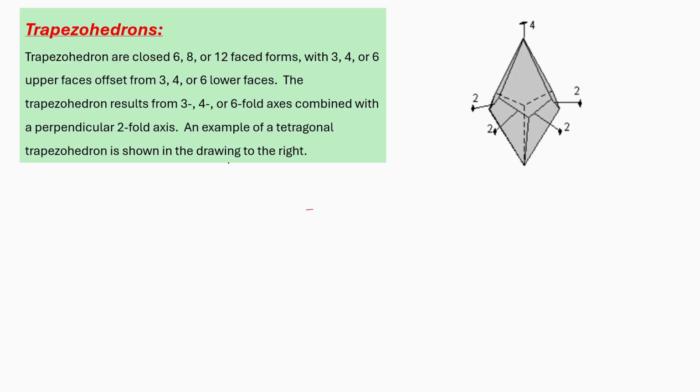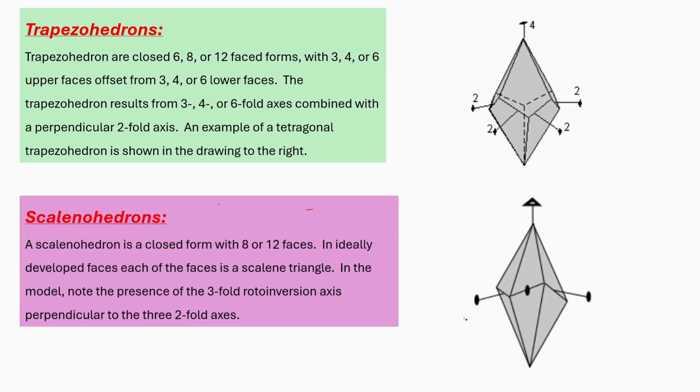Okay, so this is a trapezohedron where 3 faces will be at the top and 3 faces at the bottom, where the 6 closed faces are present. Similarly, it is for 8 and 12. And scalenohedron is another closed form, where it may be of 12 or 8 identical faces.